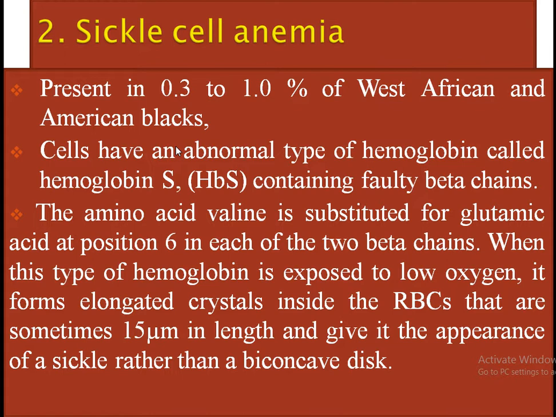Because of that, we have sickle cell anemia, and the basic fault is the faulty beta chains. The amino acid valine is substituted for glutamic acid at position 6 in each of the two beta chains.